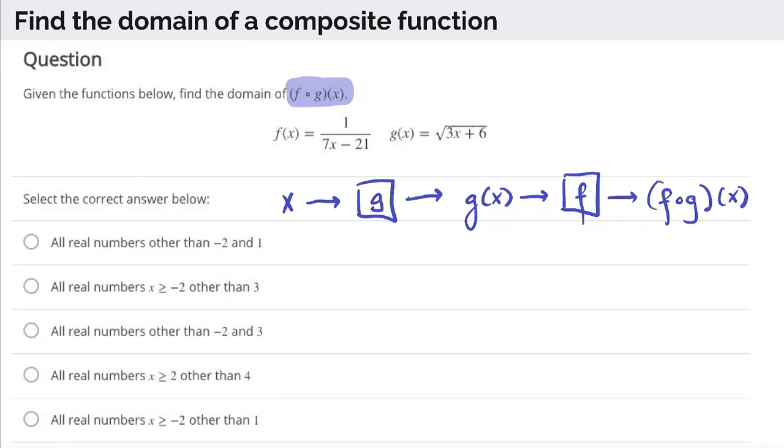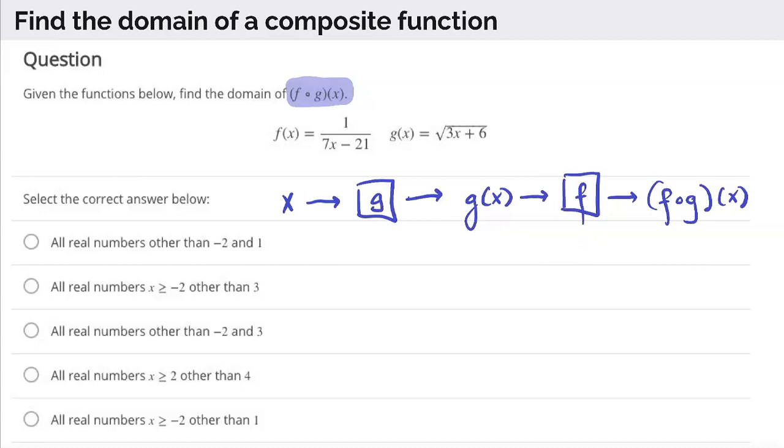Okay, so the tricky thing is that we have to be considering both domains, but even beyond that, we're also checking with this second function. We're not just making sure our x is in the domain of f, but we're making sure that whatever comes out of that g function is going to be able to be plugged into f.